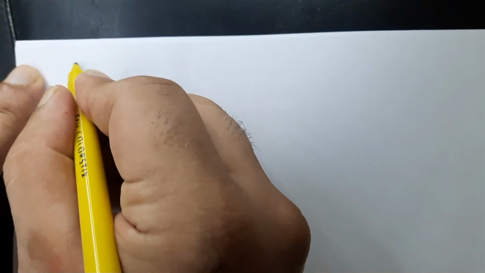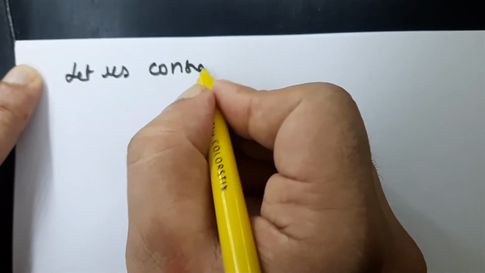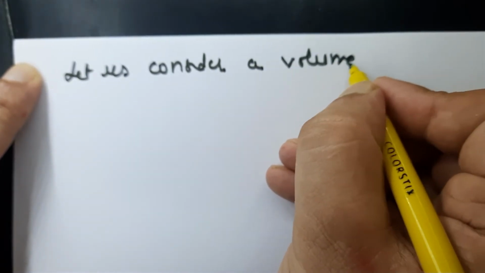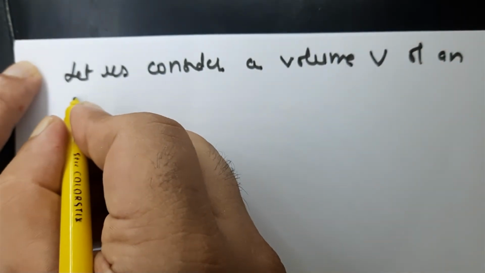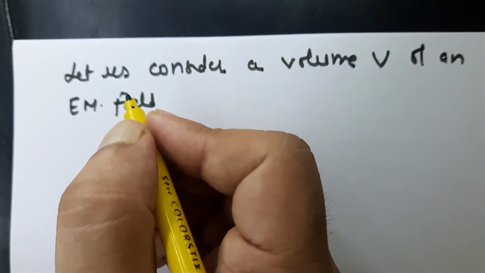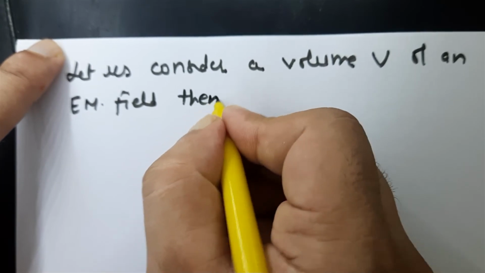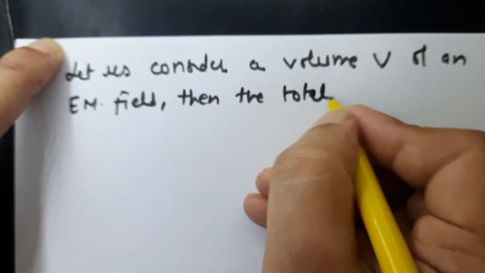So let us consider a volume V of an electromagnetic field, then we can calculate the total energy.